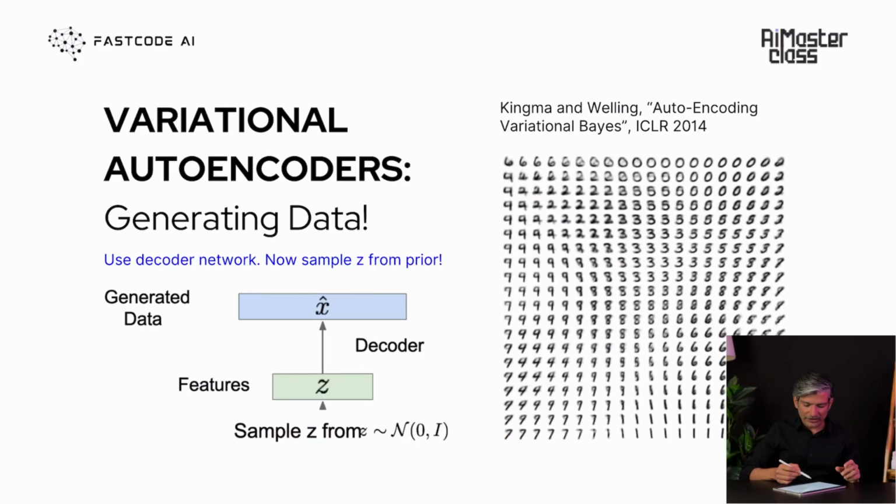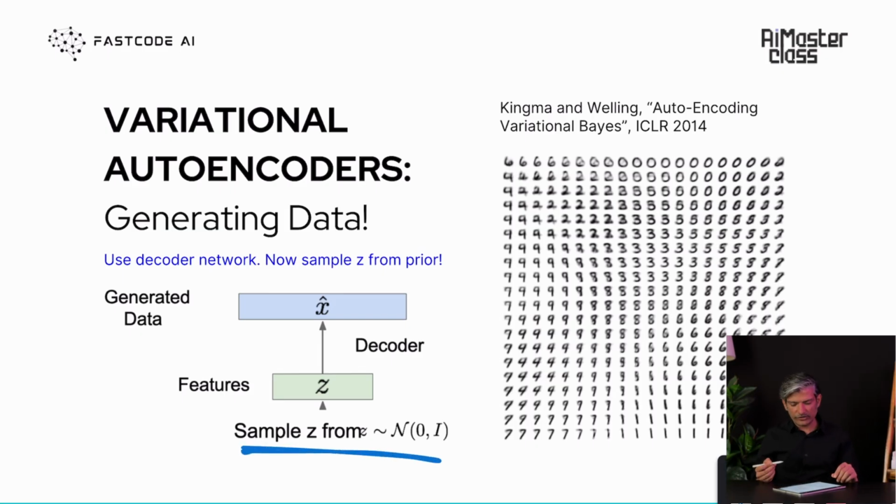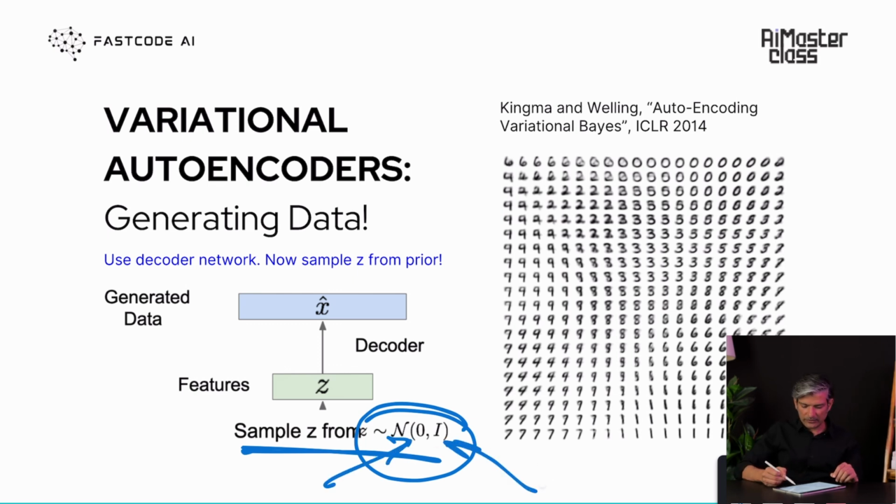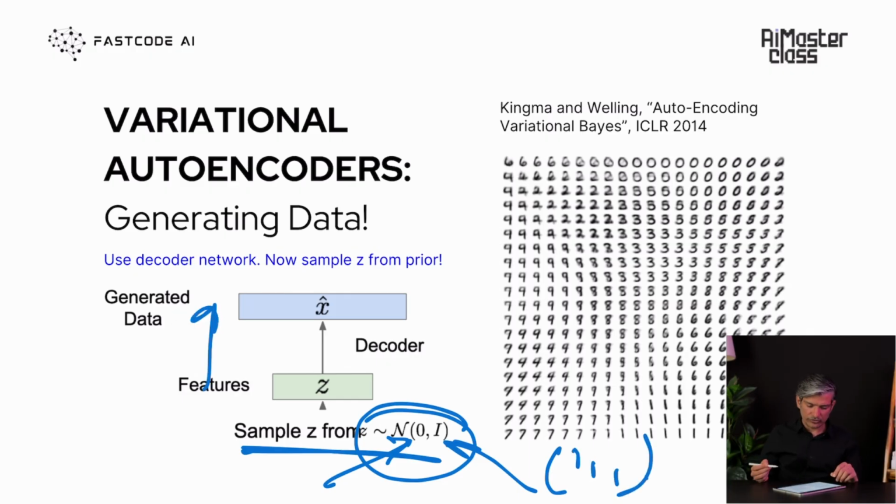And now once you have trained your decoder, you can then sample from your normal distribution of mean 0 and covariance identity. So the covariance matrix is all ones on the diagonal for your Gaussian, and then you can sample from this distribution.